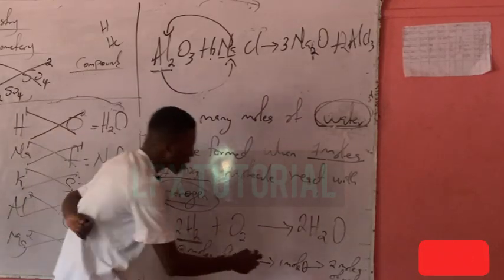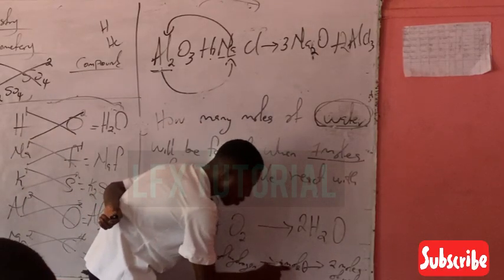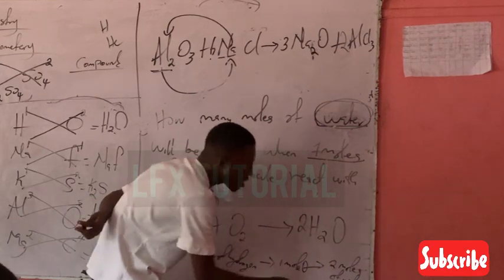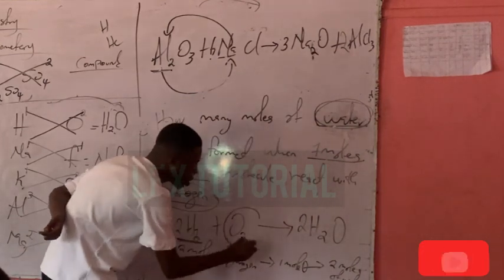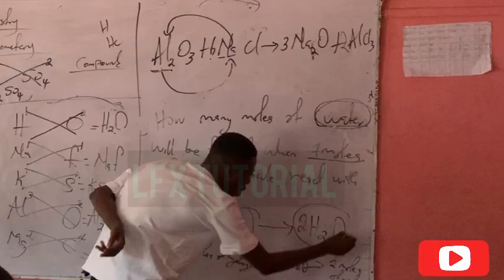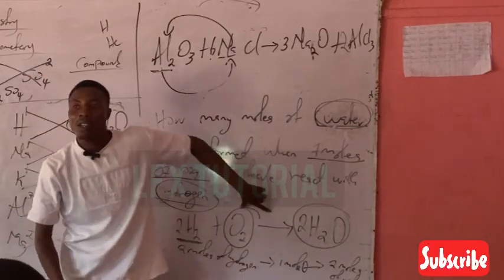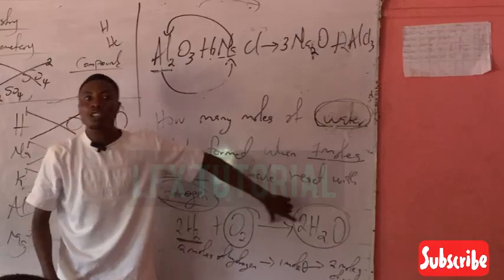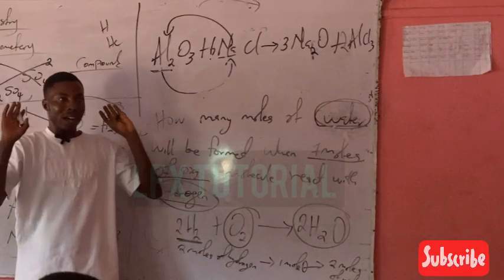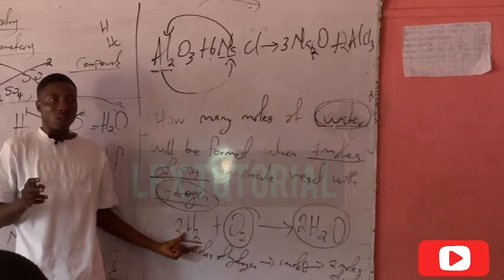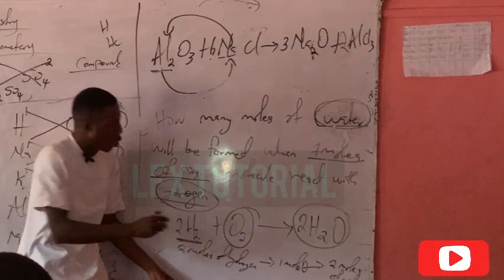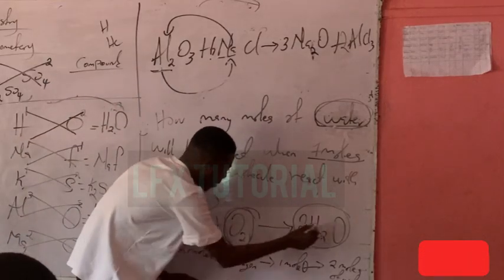So anything that reacts here will always be 1 mole of oxygen. What you are comparing is oxygen and water. These are the only 2 things you are comparing: oxygen and water. Nothing concerning hydrogen. So you always circle what you are comparing.